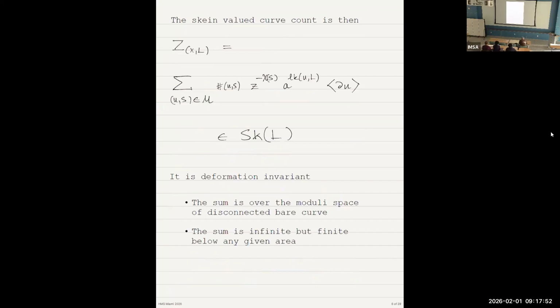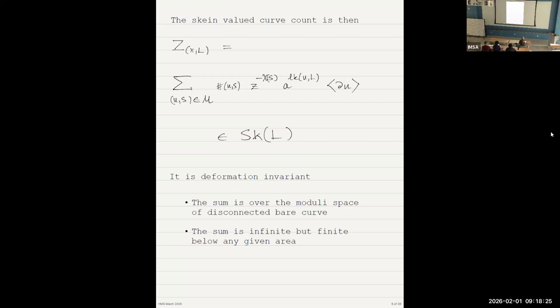So what it all means is then that if we count the curves in the following way, that we take this moduli space of now all perturbed and rigid curves, if we have such a curve, then it has some kind of orbifold number. That's that number. We take Z to the minus Euler characteristic, A to this linking as measured by this 4-chain, we assume it exists, and then finally we multiply it by the class represented by its boundary in the Skein.